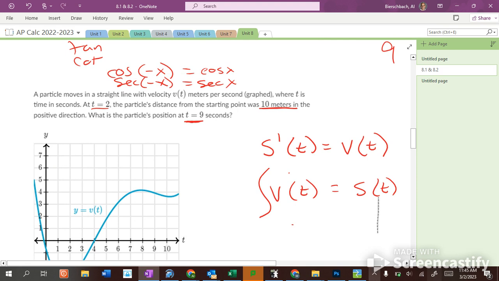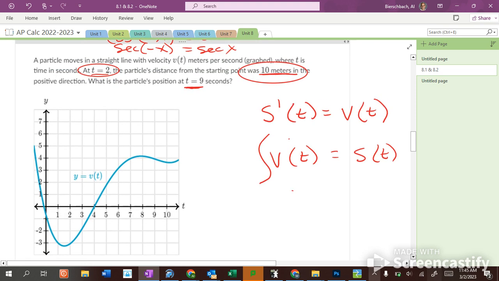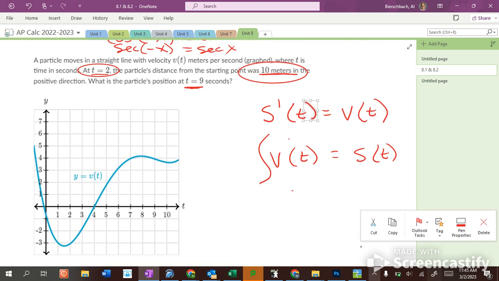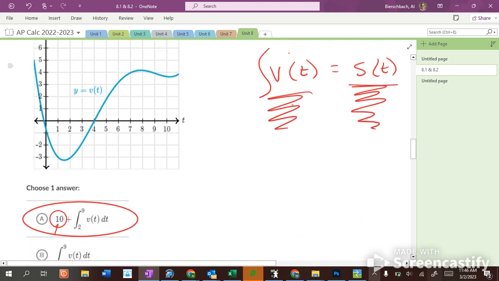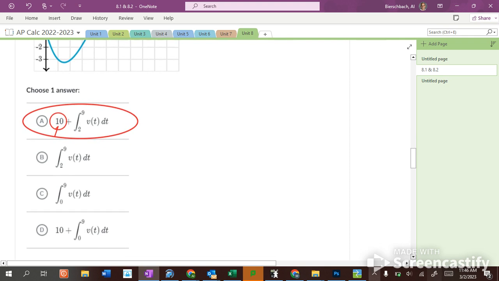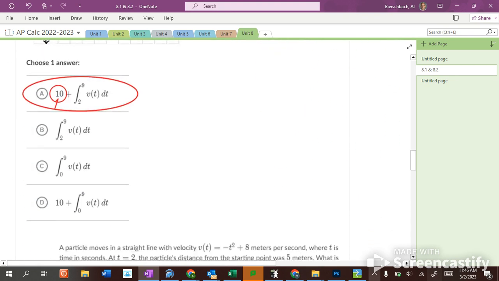Do you get the basics of that? Okay? Because if we start out at 10 at time equals 2 seconds, that's the 10 here. And then to find the rest of the position of where it went, we have to integrate the velocity from the velocity curve. That's what it would be. Now, we're not actually doing it, we're just finding the formula for that. Okay?